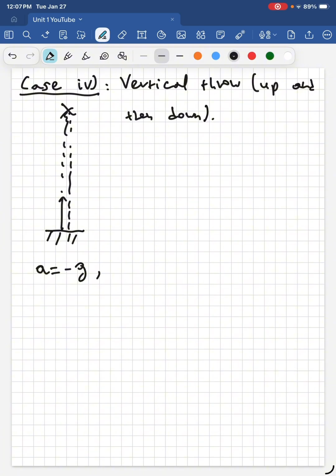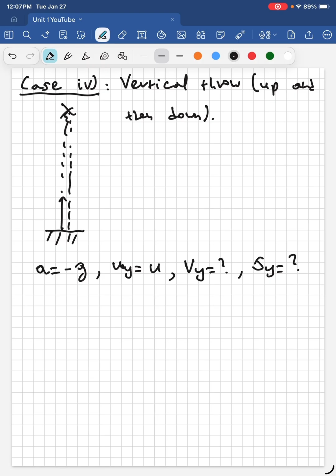And then u_y is going to be u, and maybe we are interested in v_y and how far up the object will go.